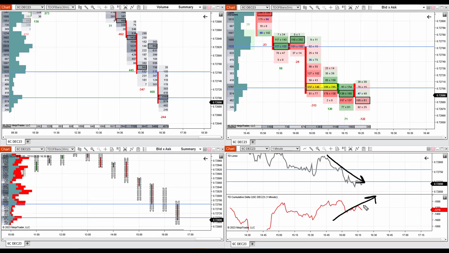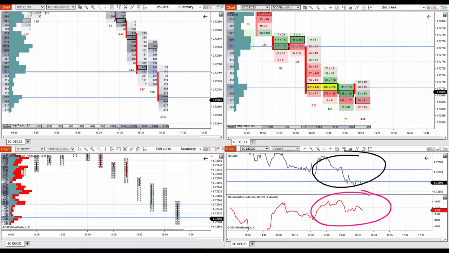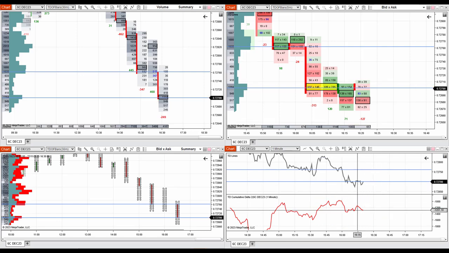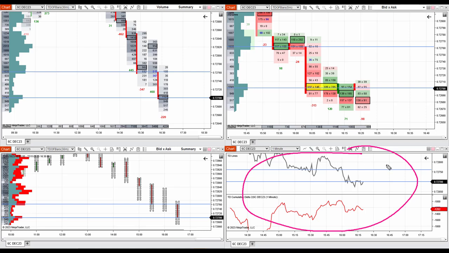Right now I don't really see it there, but if there was that divergence, it would definitely point to buyers jumping in and eventually pushing the price upwards, because price tends to follow the cumulative delta, right? So that's what I would like to see. Currently there is no divergence, but I'm still looking at this chart and hoping to see that divergence, because it would mean buyers jumping in.